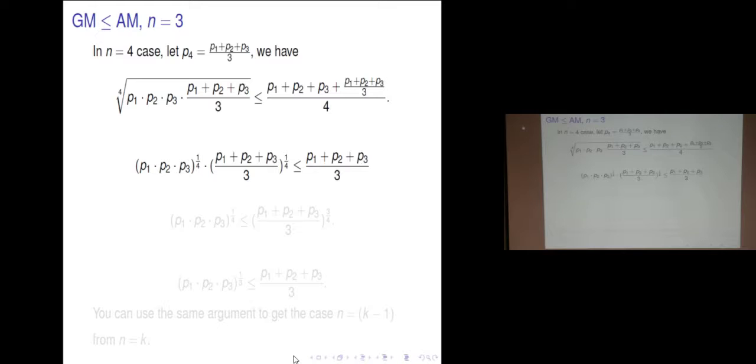And then you can cancel the power. Here you have the power of 1, here you have the power of a quarter. So you divide by the power of a quarter, and on the right-hand side you get 3/4. So this number is less than or equal to the average raised to the power 3/4.